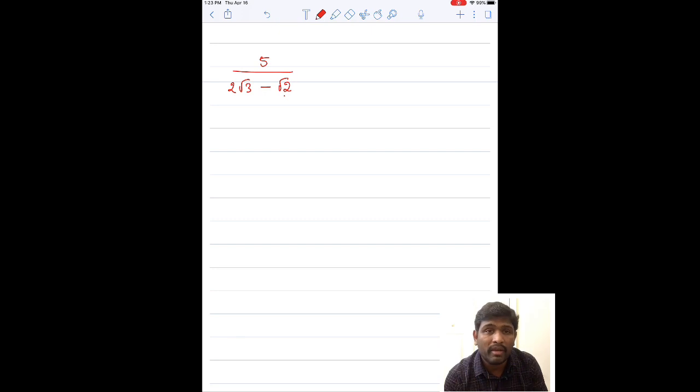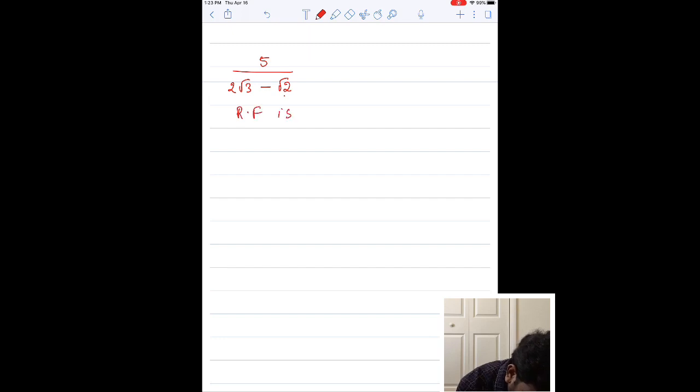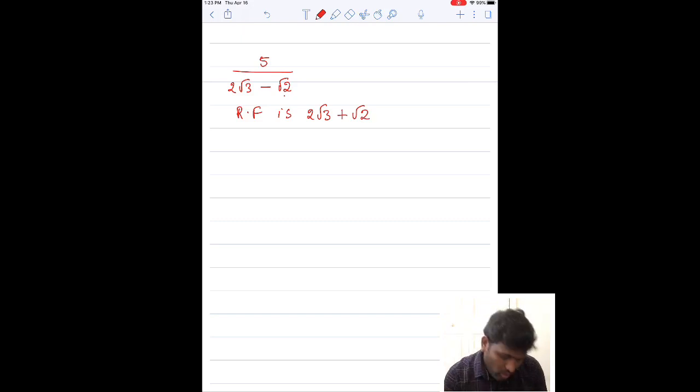Now very simple. Binomial quadratic surds are rationalized using their conjugate. What is the conjugate of 2 root 3 minus root 2? The rationalizing factor is its conjugate, that is nothing but 2 root 3 plus root 2. Now, whatever the rationalizing factor is, we need to rationalize using it.